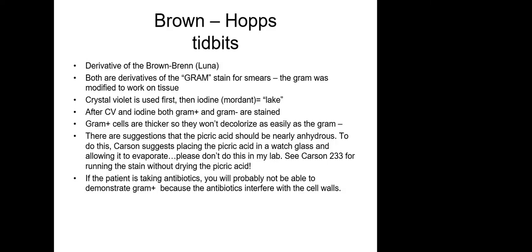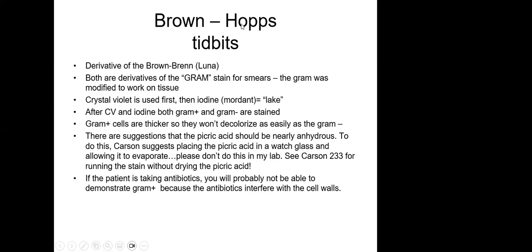Gram stains are for smears, and the Brown and Hopps and the Brown and Brenn are derivatives for tissue. But that doesn't mean that the Brown and Hopps won't work on a smear, okay?